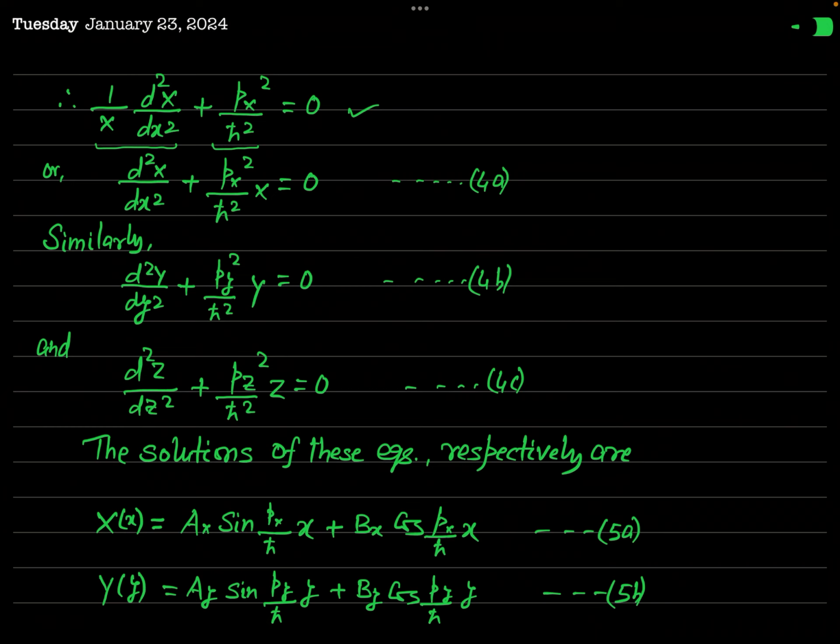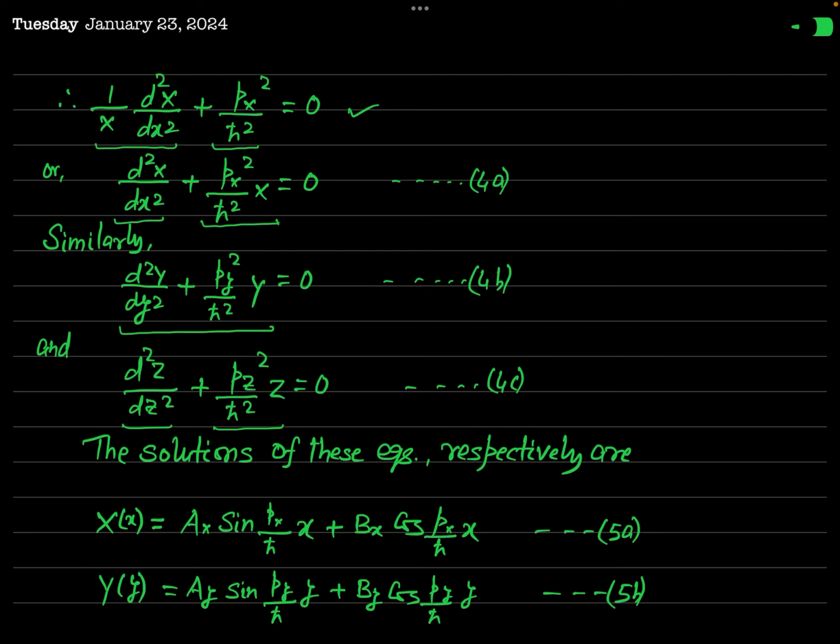Now if you multiply this equation by capital X, the result is d²X/dx² + (px²/ħ²) X = 0. In a similar manner, the equations in terms of y and z become d²Y/dy² + (py²/ħ²) Y = 0, and d²Z/dz² + (pz²/ħ²) Z = 0.